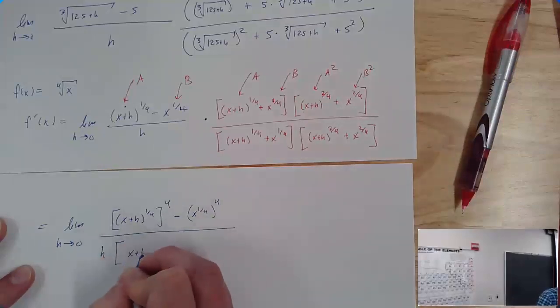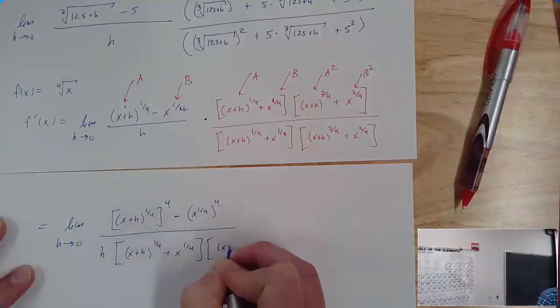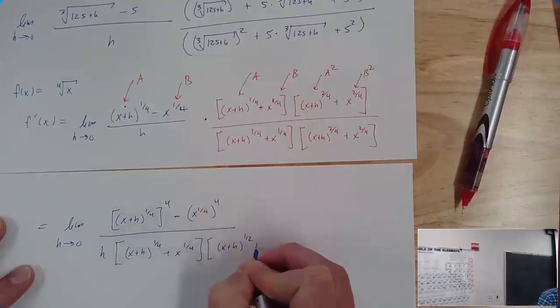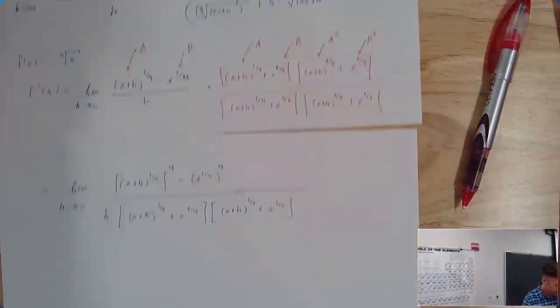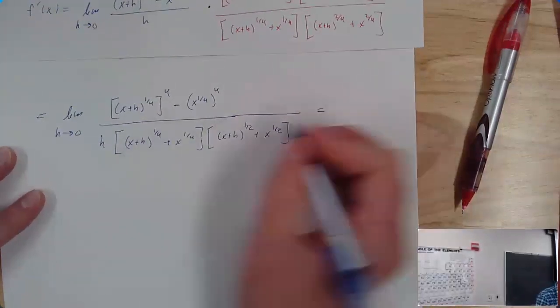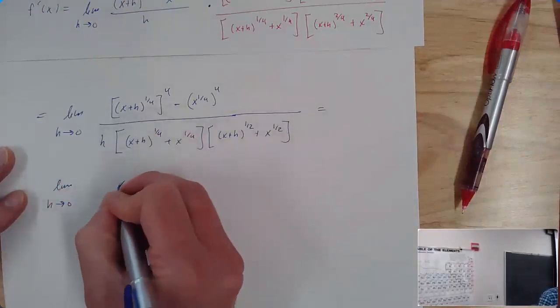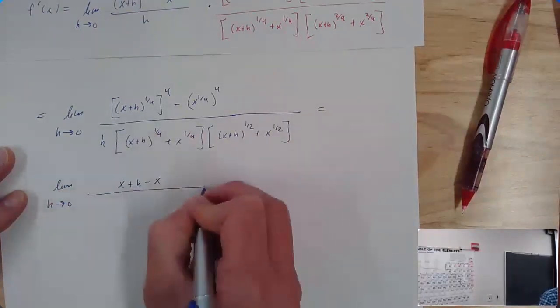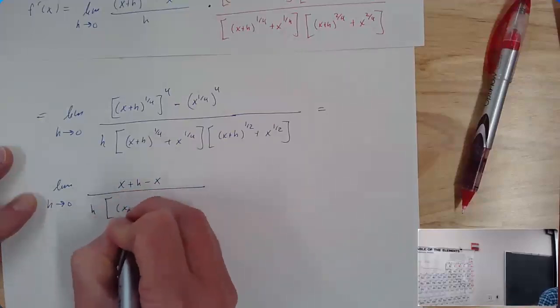So I'm not going to multiply out x plus h to the 1/4 plus x to the 1/4 times x plus h to the 1/2 plus x to the 1/2. And then simplifying this, it's going to be the limit as h goes to 0 of x plus h minus x, all over all the same garbage on the bottom. So much garbage.